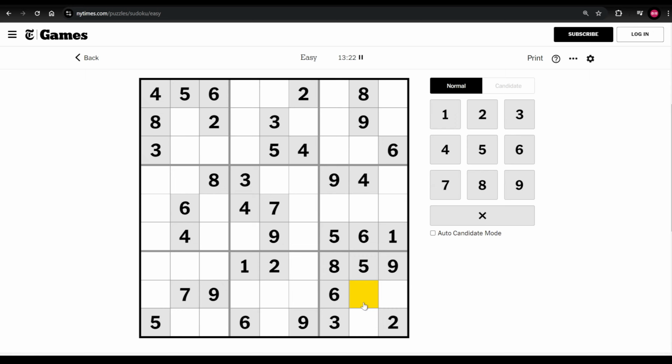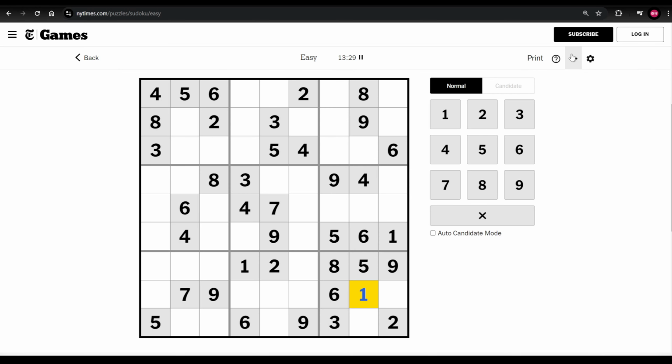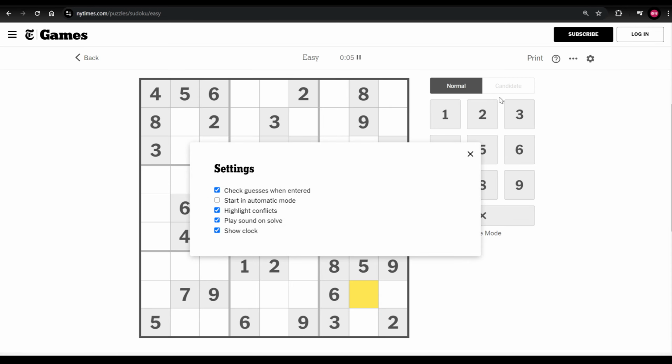Now these two, there is no... let me clear the puzzle. I guess I shouldn't reset. Okay, so this could be 1 and this could be 1. That's kind of confusing. Let me not do this.